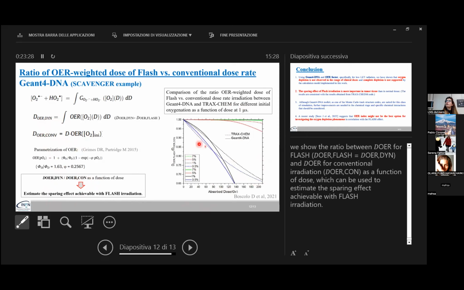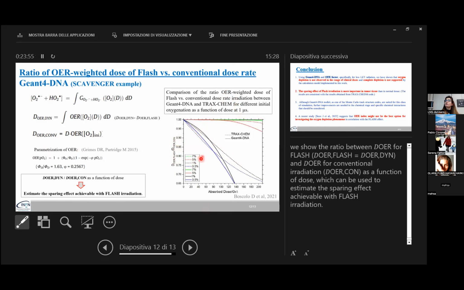In this plot, we try to show the estimated oxygen depletion. You can see, for example, for 7 and 5% in the physoxic normal tissue, you can see very negligible changes in this ratio.